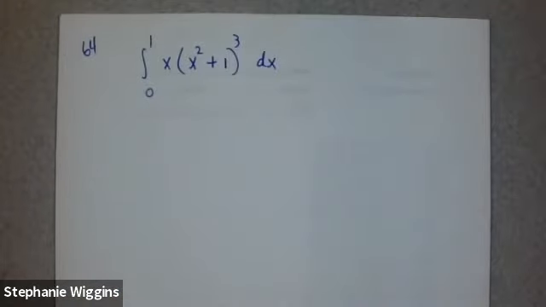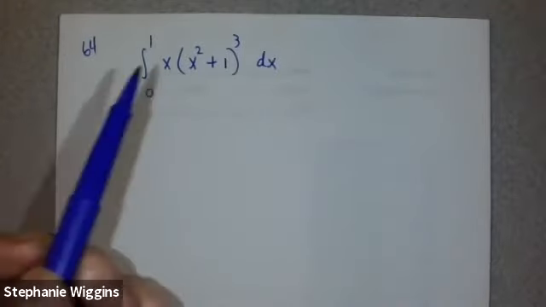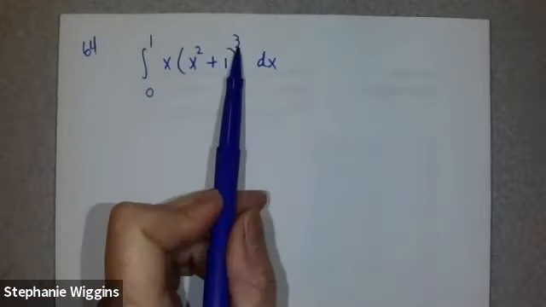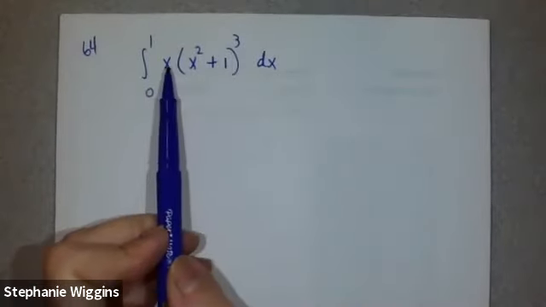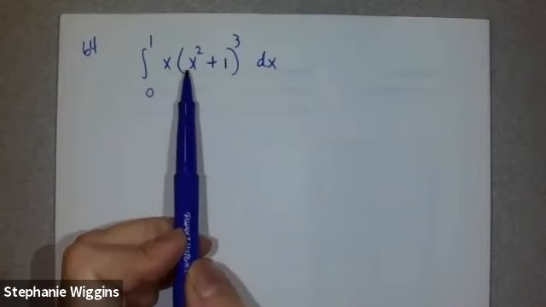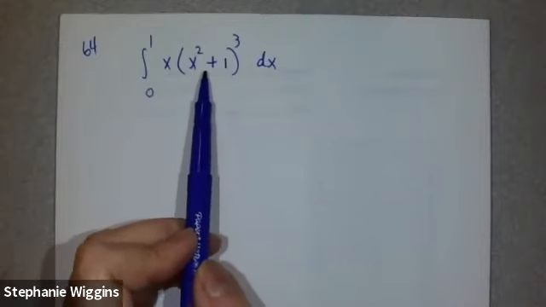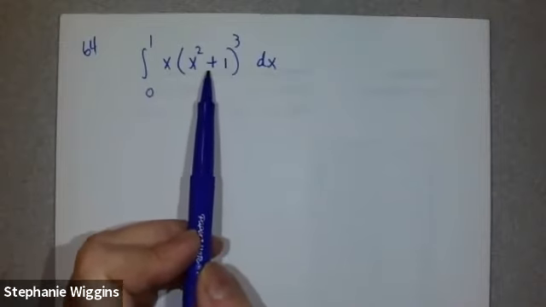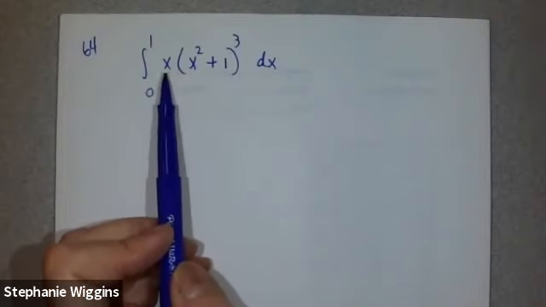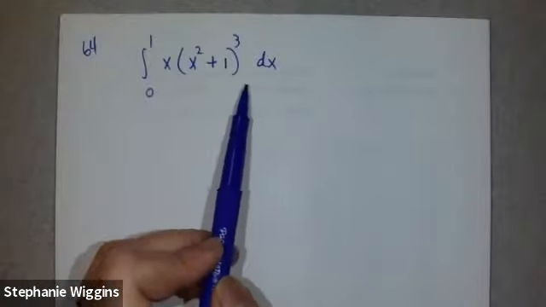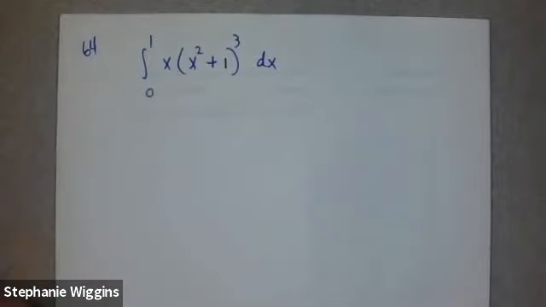The last time it was inside the e function. This time our function is inside the cube function, and on the outside is a version of the derivative. The derivative of this inside is 2x, and we don't have 2x, we have 1x, but we're just off by a constant, and we can fix that.